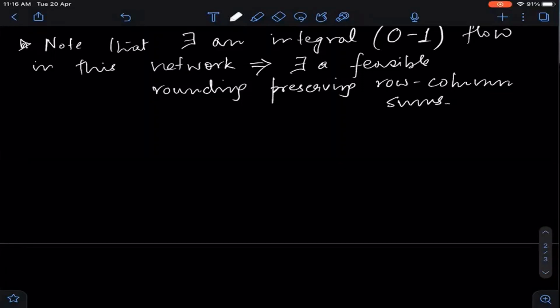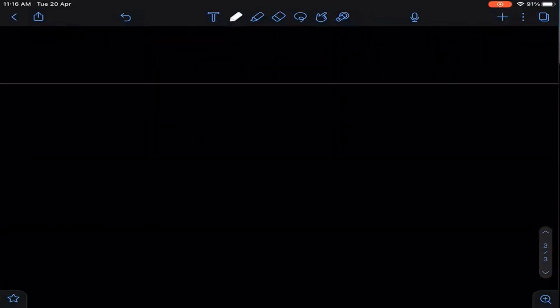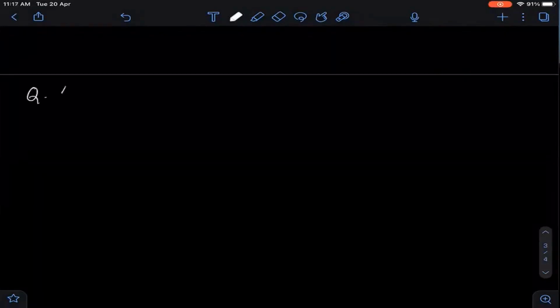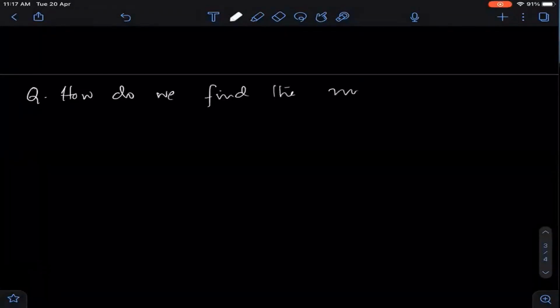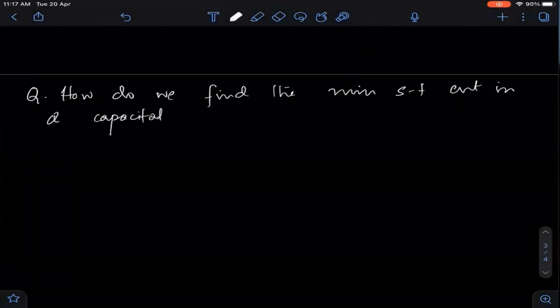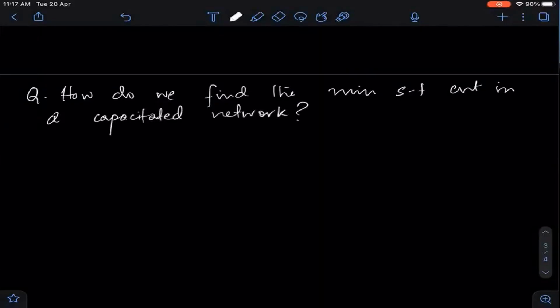How will you find it? We know how to find max flows.